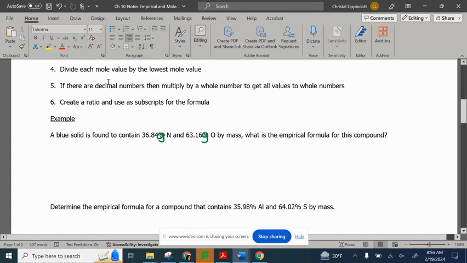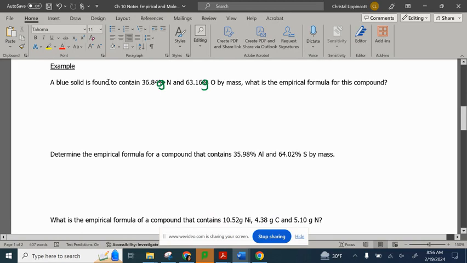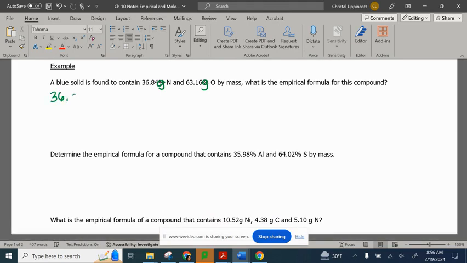Then I'm going to change those grams into moles. So I take the gram mass that I have now, and I divide by the molecular mass off the periodic table. For nitrogen, that is 14.0. That's going to get me into moles of nitrogen. For oxygen, it's 63.16 divided by 16. That's going to give me my moles of oxygen.